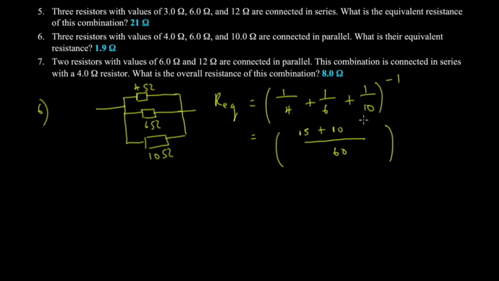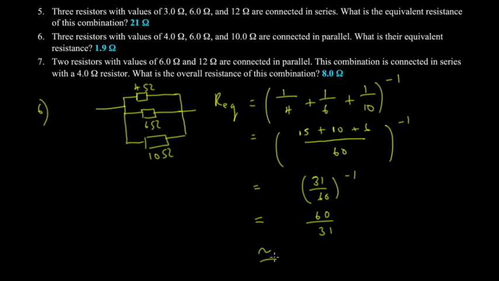Then here you get 6 here. Then to the power -1. So you actually get this one would be 21. 21 plus 10, you get 31. So you get 31 over 60 to the power -1. Then you get 60 over 31. So 60 over 31 is approximately what?